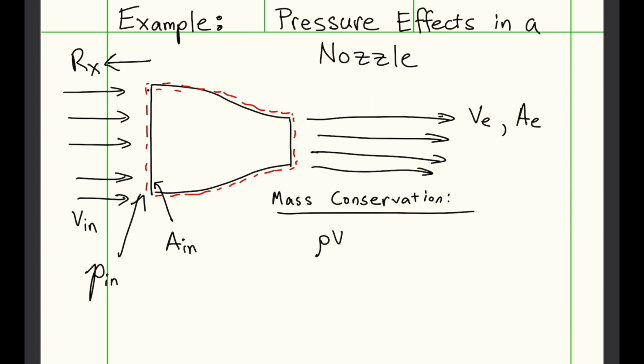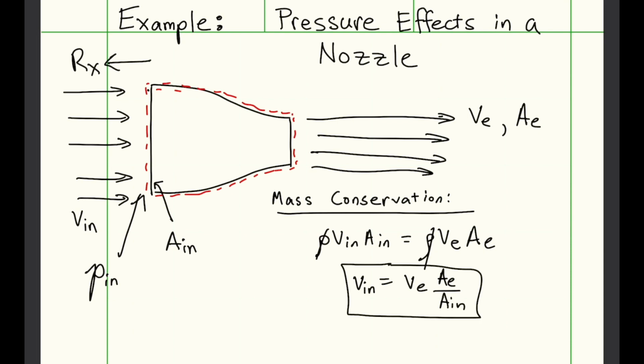So rho V in A in is equal to rho V E A E. Obviously the densities are constant, and the exit quantities are known. So you can solve for the inlet velocity just in terms of the exit conditions. So boom, that's conservation of mass.